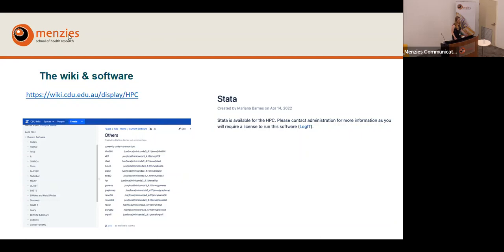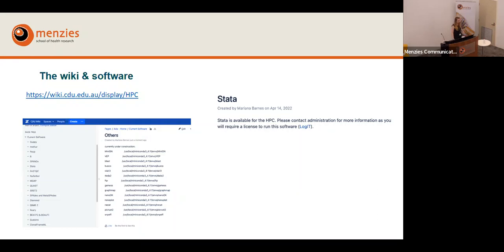There are a lot more things that are possible with the machine. There is a Wikipedia page and the CDU Confluence Wiki that you can look at that will give you information on how to use the system. There's training material on there that will give you some information on how to use the command line if you're new to this. And there's also a list of all currently installed software.